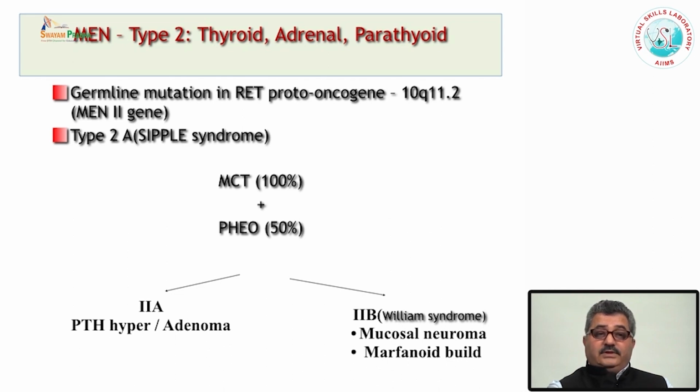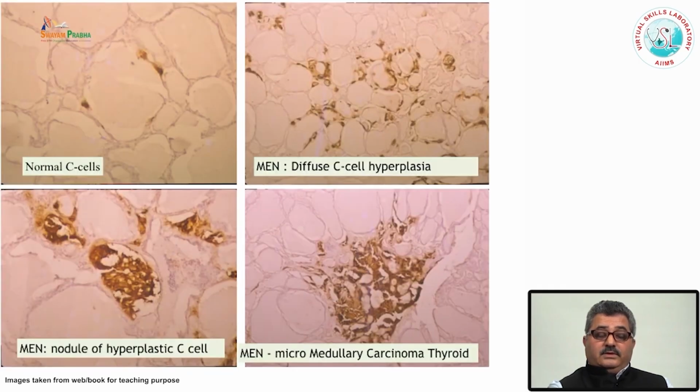It is a germline mutation of the RET proto-oncogene, and most of these families can be screened for the mutation of this gene. These are the different stages of medullary carcinoma of the thyroid. These are the normal C cells.